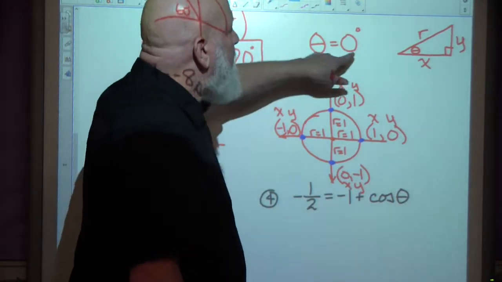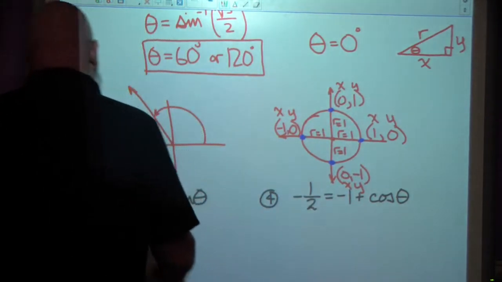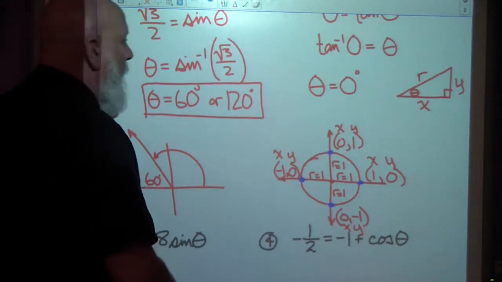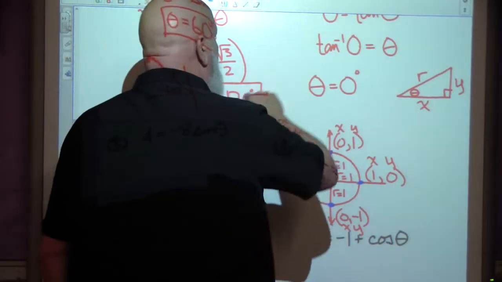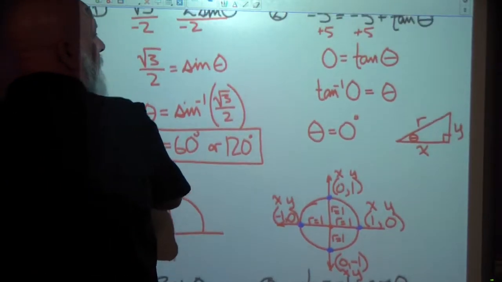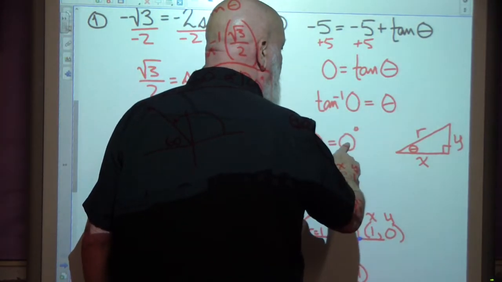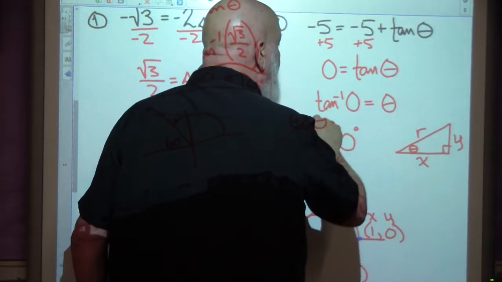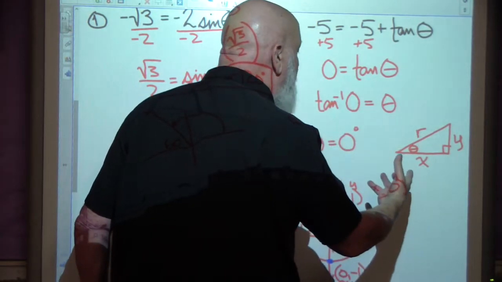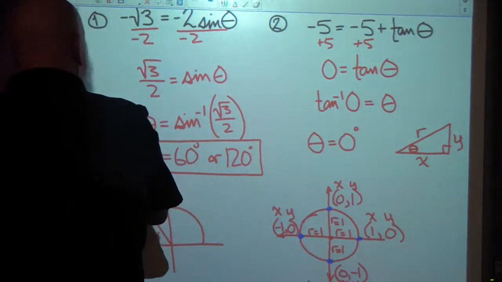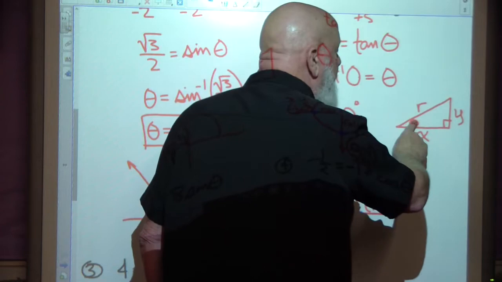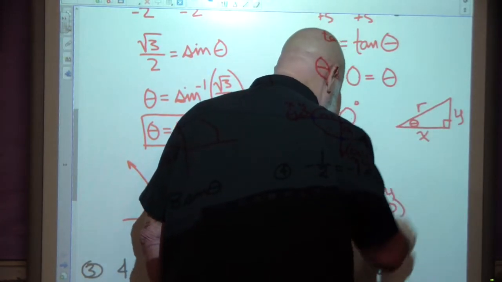What we're going to do is ask ourselves, since we're dealing with the tangent function, and we have tangent theta equal to 0 degrees, where else could tangent be 0. So I'm going to find the definition of tangent in terms of x, y, and r using this triangle.